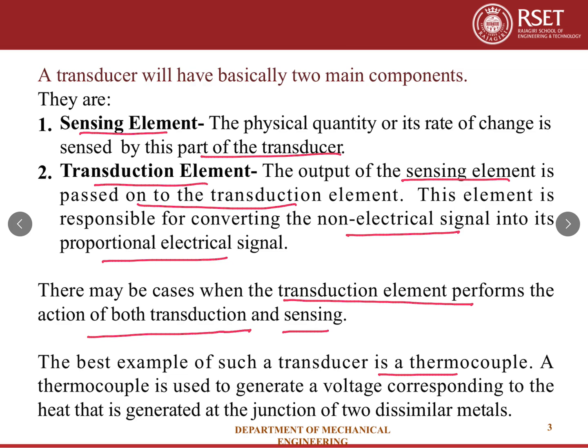So the final output of this thermocouple is a voltage variation, an electrical quantity. Therefore both the sensing and the transduction are happening in the same instrument. Therefore it is a transducer which comes under this category.